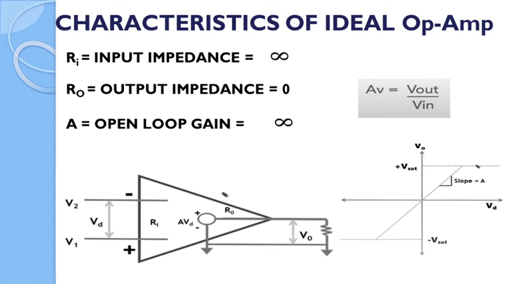But when you observe the voltage transfer characteristics, after a certain limit the V out will be saturated, so it cannot reach infinity. So we have only two possible conditions for the gain to be infinity: the first condition is V out should be infinity, or V in should be 0.